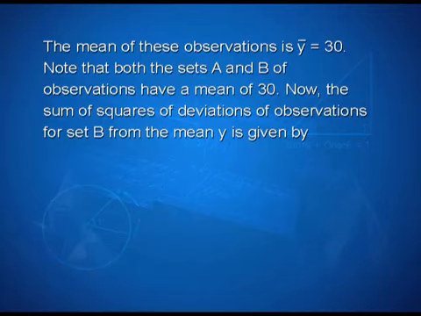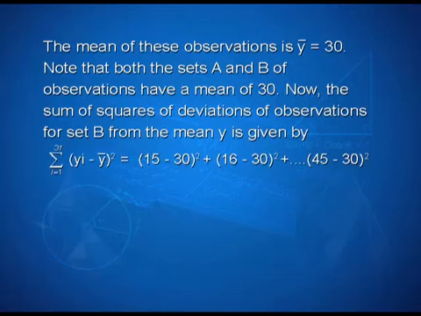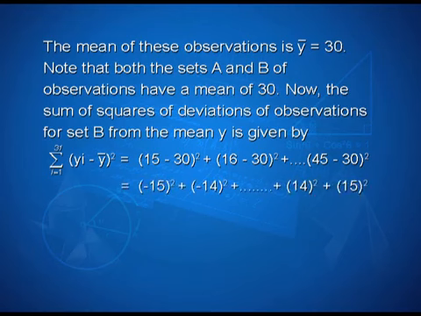Now, the sum of the squares of deviations of observations for set B from the mean y bar is given by the summation, i varying from 1 to 31, of (yi minus y bar) whole square, which can be calculated as (15 minus 30) whole square plus (16 minus 30) whole square and so on up to (45 minus 30) whole square. This on calculation gives us (minus 15) whole square plus (minus 14) whole square and similarly 14 square plus 15 square.